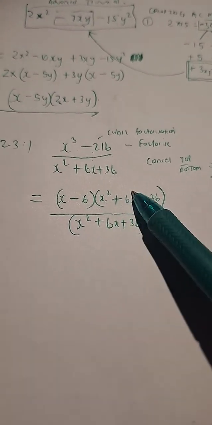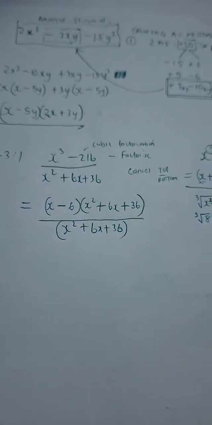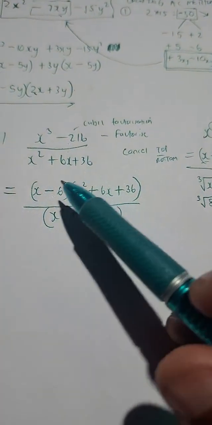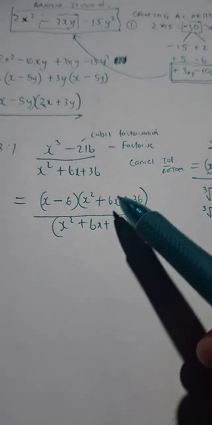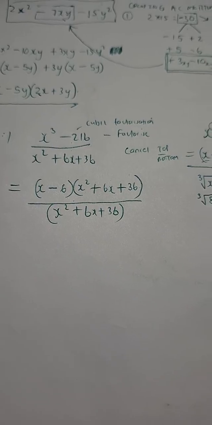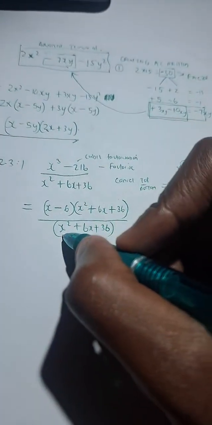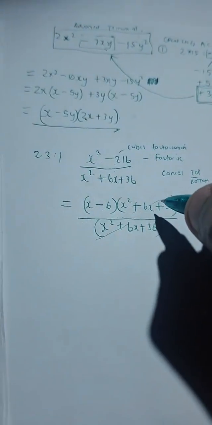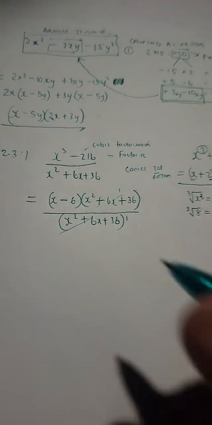When we divide things that are the same, what happens? We get an answer of 1. We cancel what's at the top which is common with what's at the bottom. Please, guys, otherwise that's where we start having problems. So since this and that are common, we are left with 1 and 1.